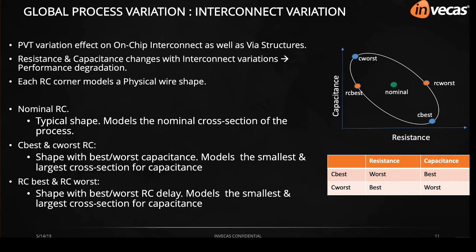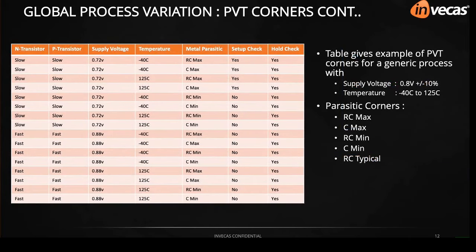Some of these examples are typical, C-best, C-worst, RC-best, RC-worst. Just to take an example of a generic application which will work with a voltage of 0.8 volts plus or minus 10% and with a temperature range of minus 40 to 125 degrees and with a different combination of RC models.